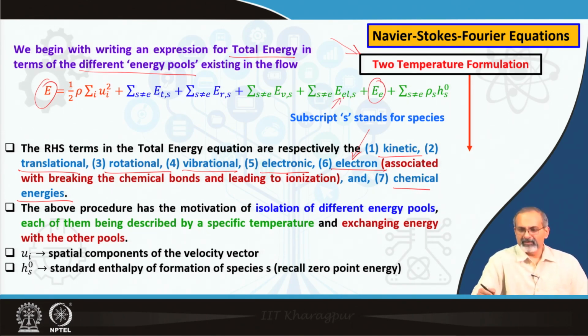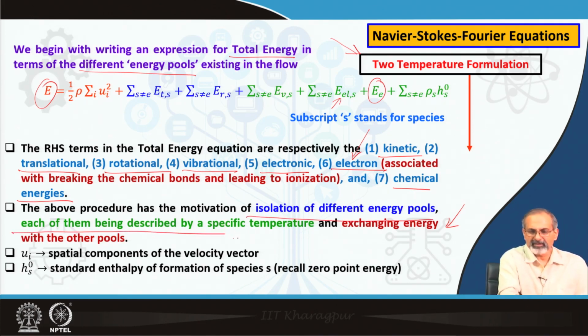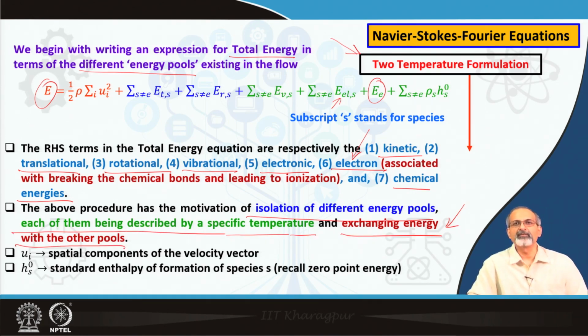Keeping that in mind, let us look at the remaining points that we have over here. The above procedure has the motivation of isolation of different energy pools, each one of them being described by a specific temperature and exchanging energy with other pools. So, this is basically the motivation behind expressing the total energy in a form like this.